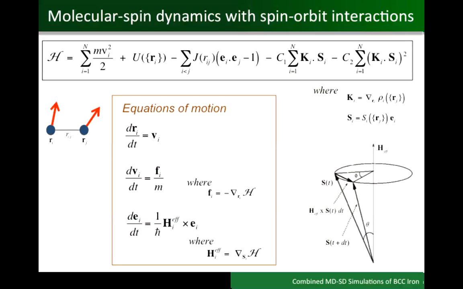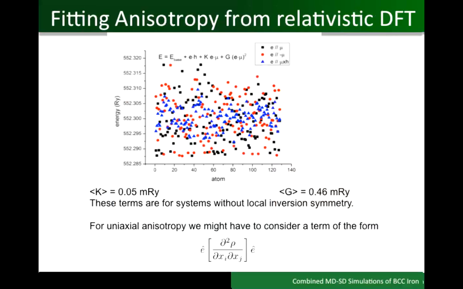Now this is actually, as we move the atoms around, represents some torque and preferred direction that drags the direction of the magnetic moments with it, and that ultimately will allow the transfer of thermal energy and of angular momentum between the lattice and the magnetic system.